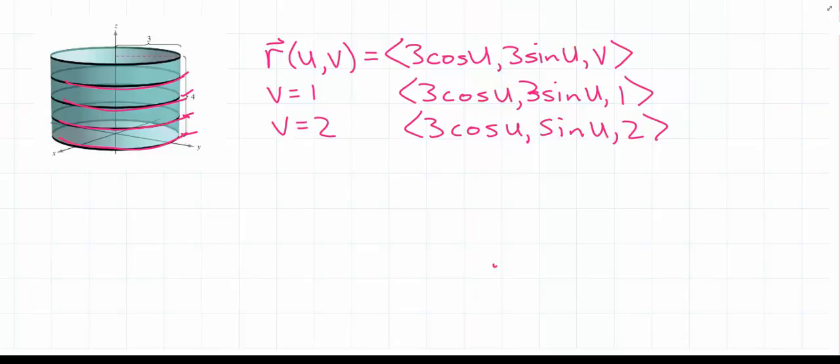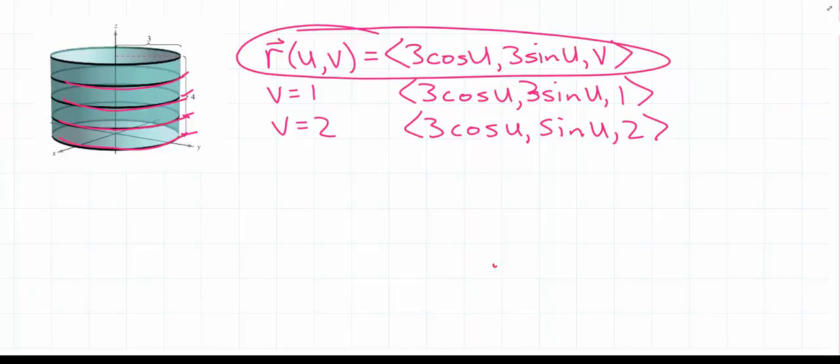So for this right here, I can see that's a cylinder. And this cylinder in rectangular coordinates would be x squared plus y squared equals 9. So what we're doing is parameterizing that.